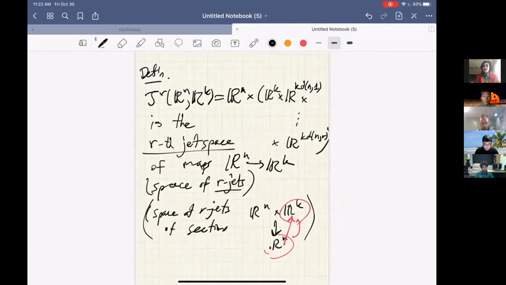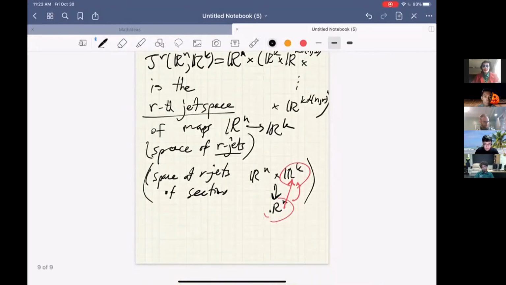So how do I think of this space? We think of this space as the space of all a priori formal derivatives. If you have a function from R^n to R^k and you take its r-jet, then that's a point in this space. But there are other points in here. They're like derivatives, but formally.